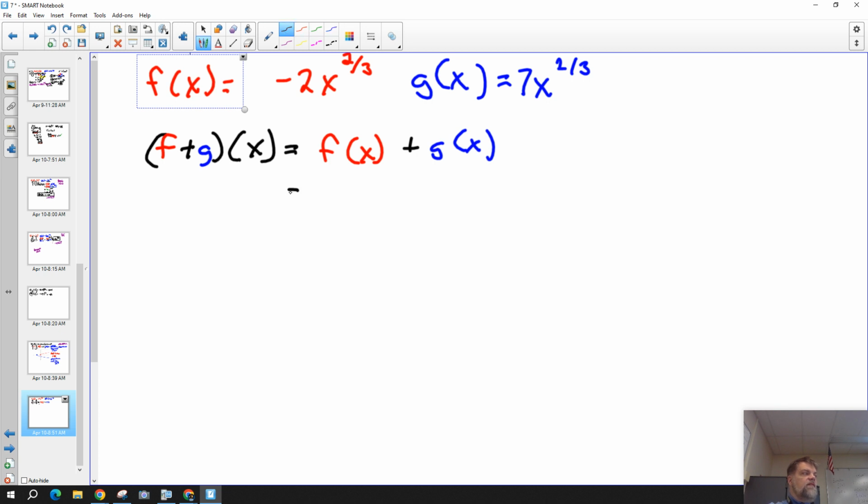Well, f of x is just negative 2x to the 2/3 plus 7x to the 2/3. I don't know if you guys are recognizing this, but this is a like term with this because they both have x raised to the 2/3. So when you do that, you're just going to combine the coefficients, right?